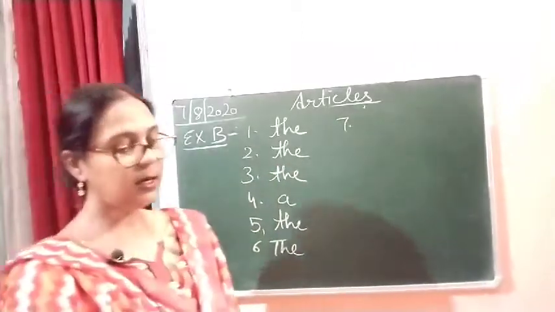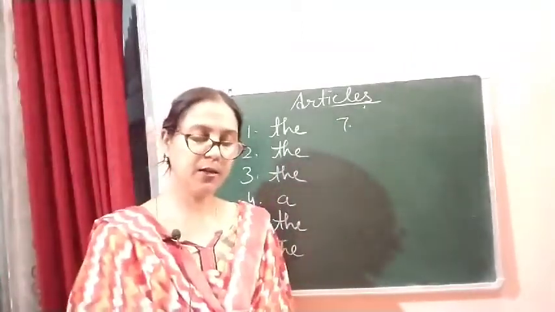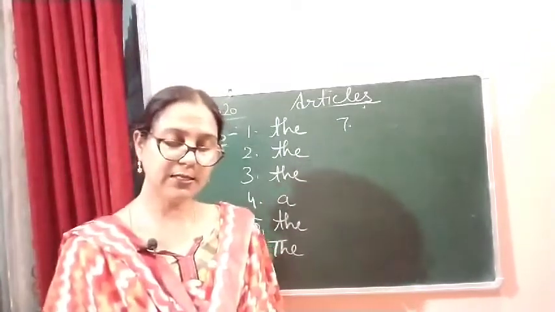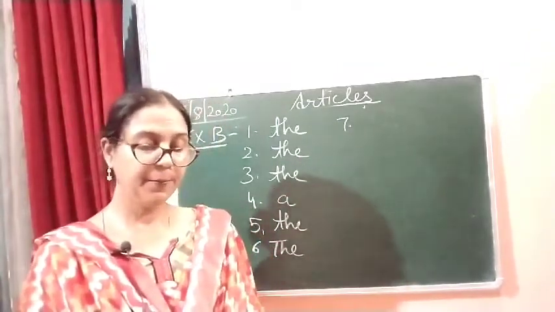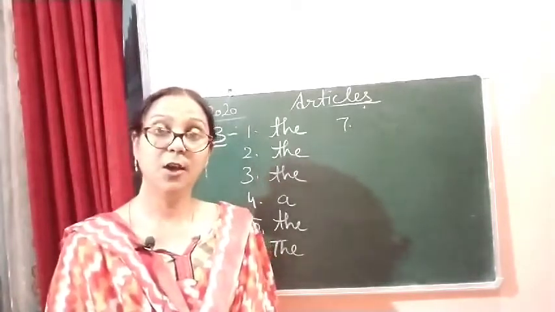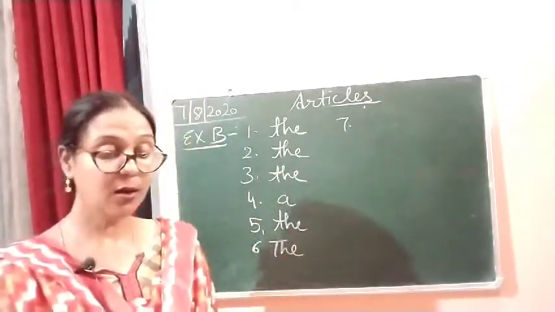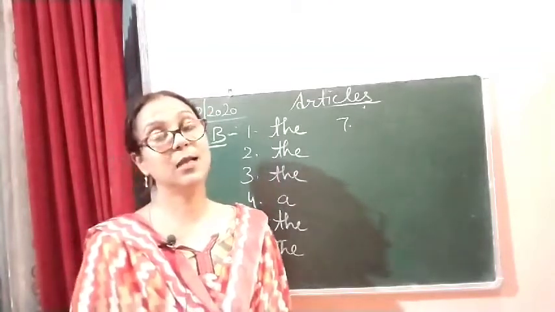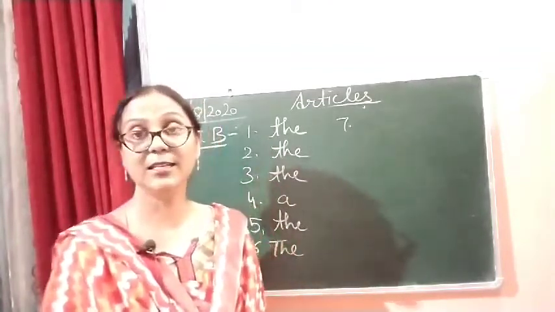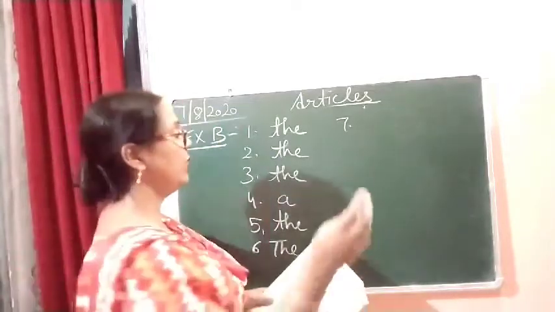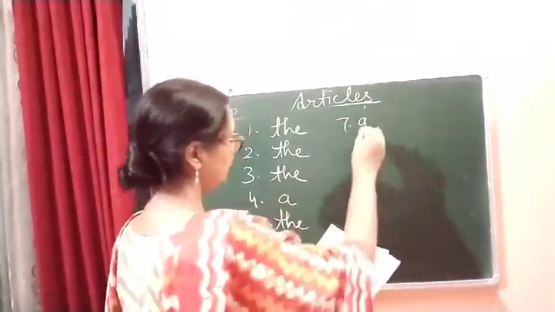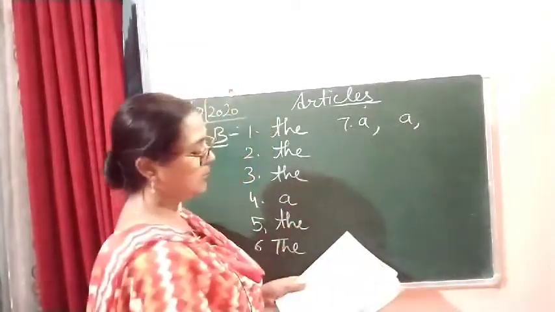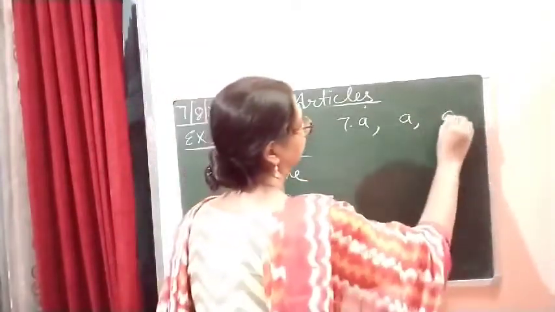In 7, he saw dash European, dash German and dash Indian discussing something important. Now here you can see he saw a European, because E is written over there, but the sound coming from European is Y. So now we are going to write a European, a German and an Indian.